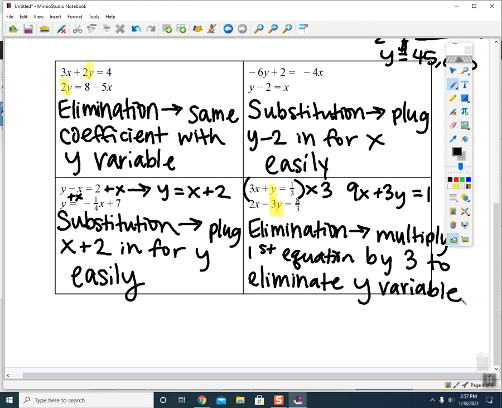So elimination is going to be the easiest in this case if we manipulate that first equation so that we can cancel out our y values. Okay, so that is all then for 5.